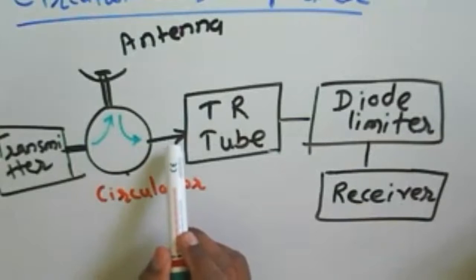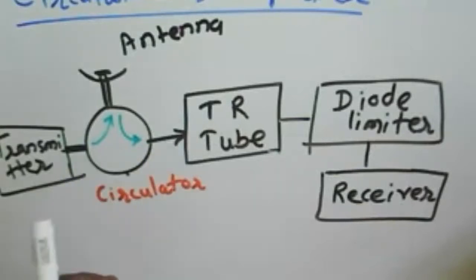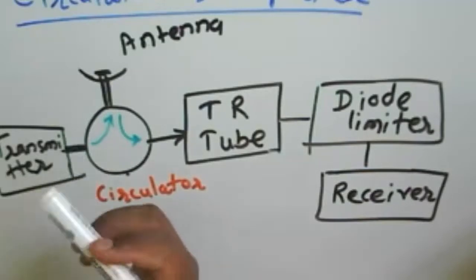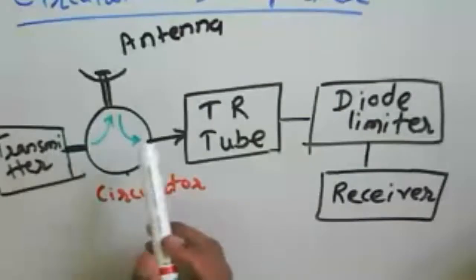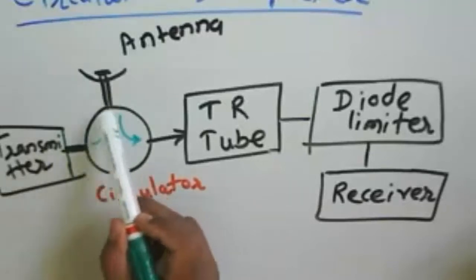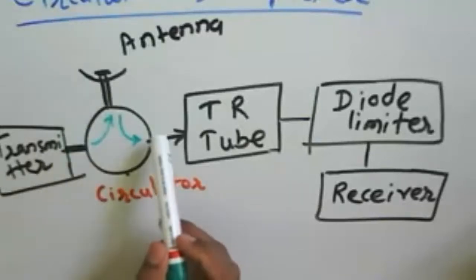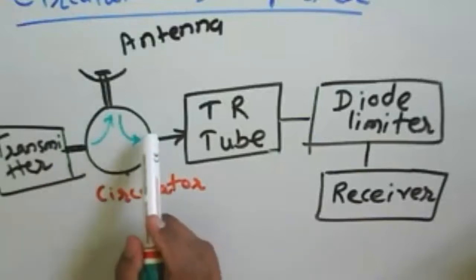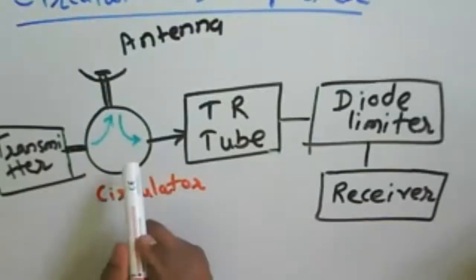And we don't require any protection or any component in between the transmitter and receiver, because it propagates the signal directly to the antenna, with no leakage transmitted to the receiver side.